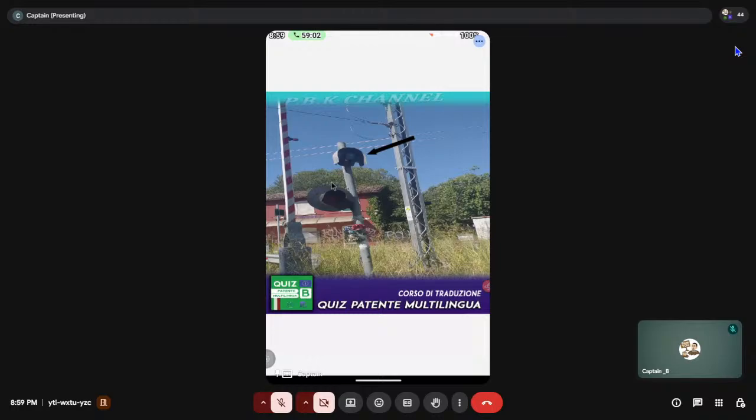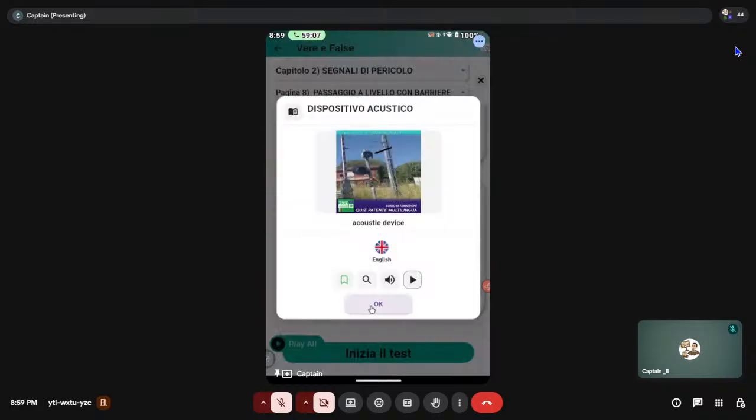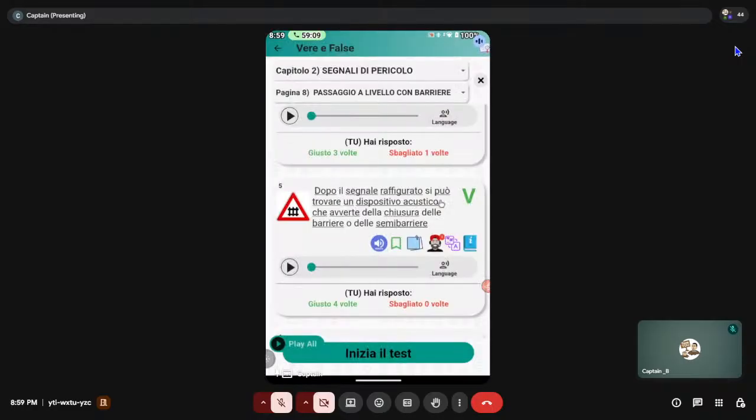Why will this one be on? Why will this one be coming down? Okay, good. Acustico, che avverte di chiusura delle barriere, that warns of the closing of the barrier, or the semi-barrier or half barrier. So if that noise is sounding, the barrier will start coming down.